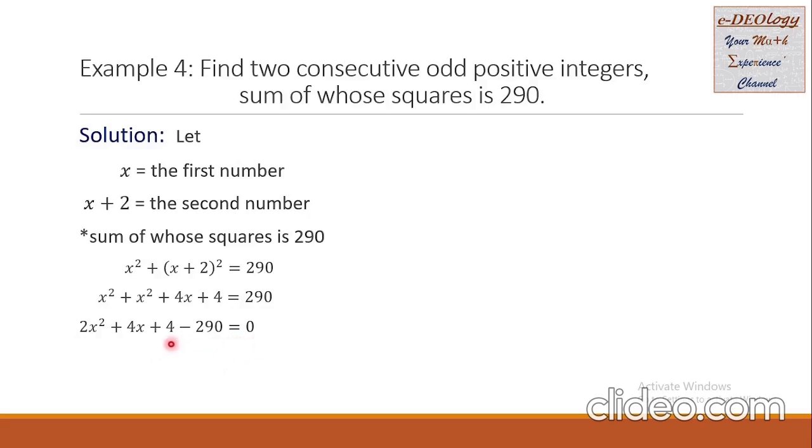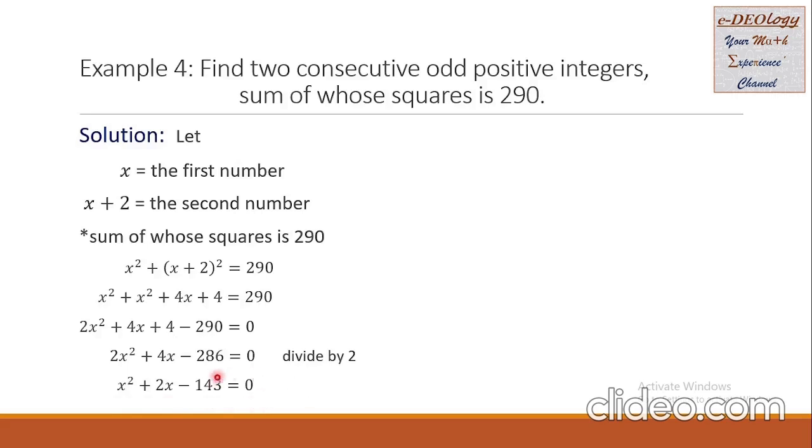Then we combine the numbers. 4 minus 290 is negative 286. We can simplify further this equation. Let us divide by 2. Then we have x squared plus 2x minus 143 equals 0.